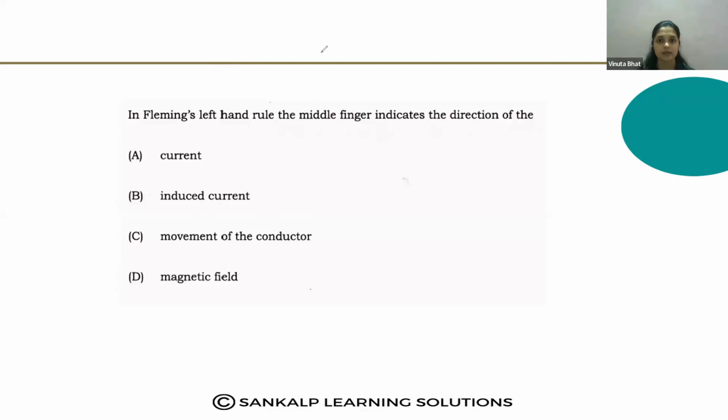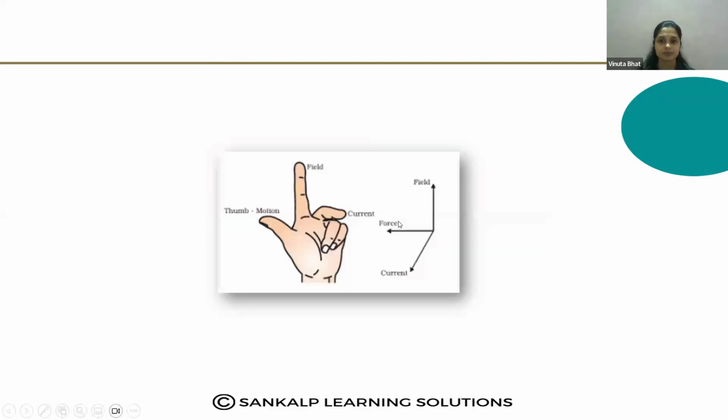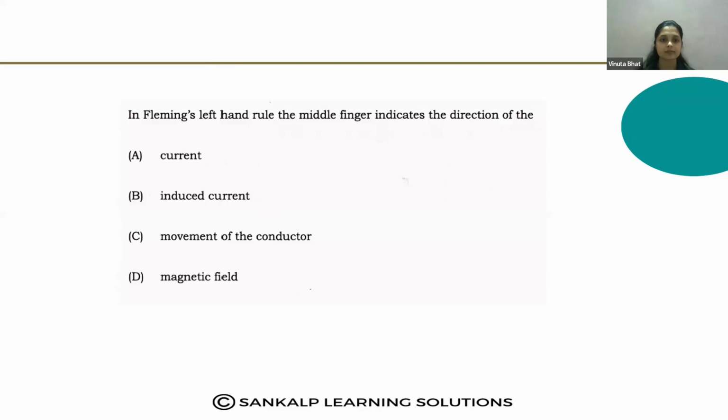Here you can see the answer, direction of the current. So till now we have discussed the MCQ, that is, the multiple choice questions.